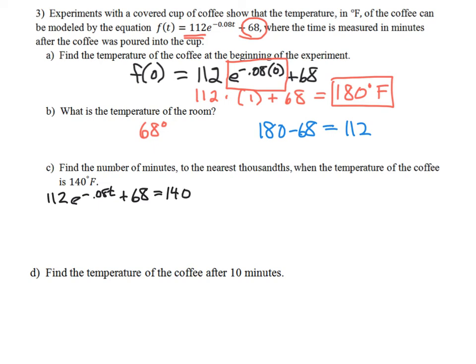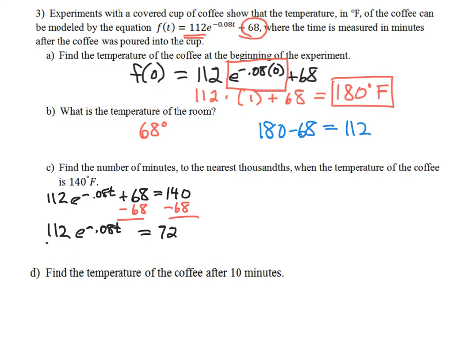Just like before, we want to get the exponential by itself, so let's subtract 68 from both sides of the equation. So we now have 112 e to the negative 0.08 t is equal to 140 minus 68, 72.